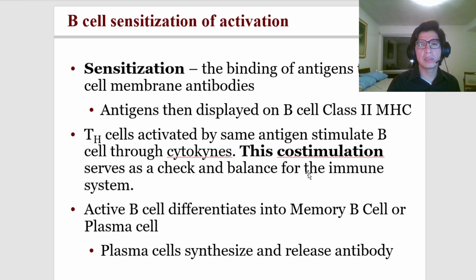This will also allow interaction with antigen presenting cells. You have helper T cells themselves activating the B cell through cytokines, and this is a process of co-stimulation.